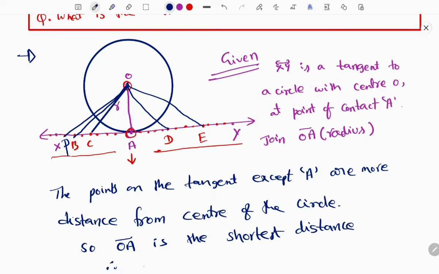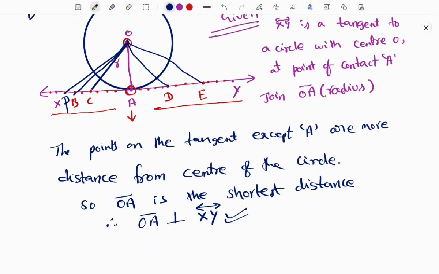Therefore OA is perpendicular to the tangent. OA is the only one perpendicular to the tangent. So what is the conclusion? OA means what? Radius. The radius of a circle is perpendicular to the tangent.